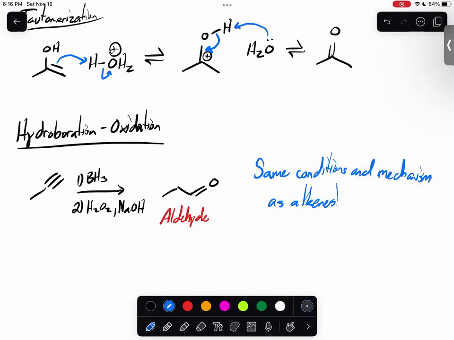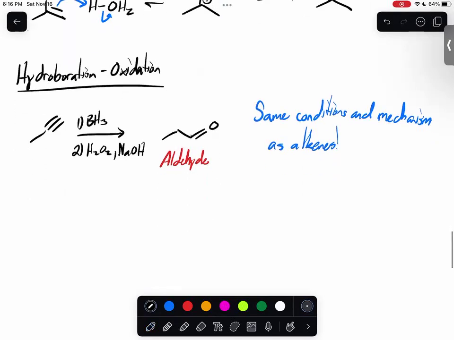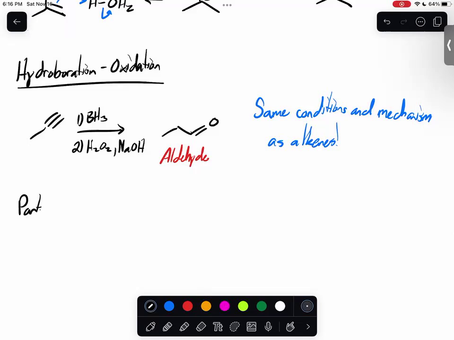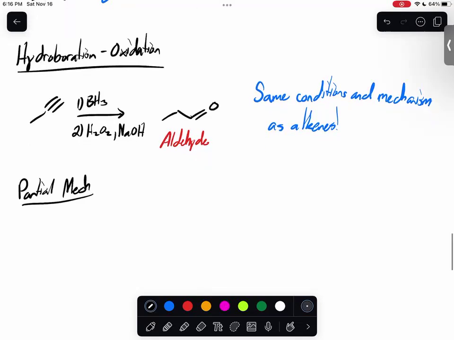So we're going to do another quick partial mechanism here where we say, okay, well, in this first step, having BH3, we already know what's going to happen here. We're going to end up adding, in a syn fashion, the hydrogen and the BH2.